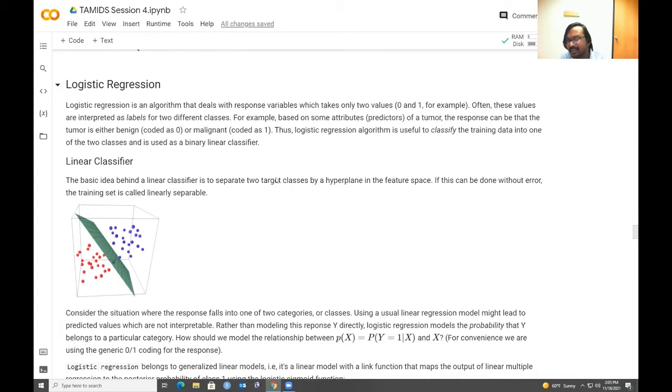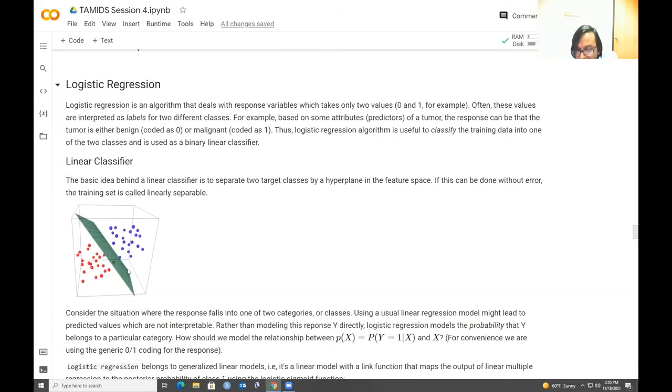So the basic idea behind a linear classifier is to separate the two target classes by a hyperplane. What it means is that if you look at this picture here, suppose the two classes are shown by the colors of the dots. We have a cluster of data points here that correspond to the class blue, and then we have some red dots here that correspond to a different class.